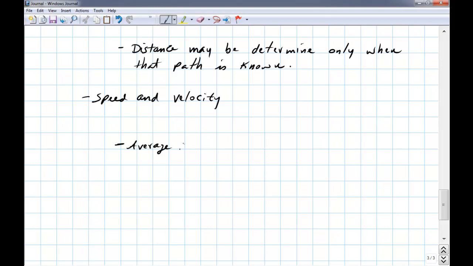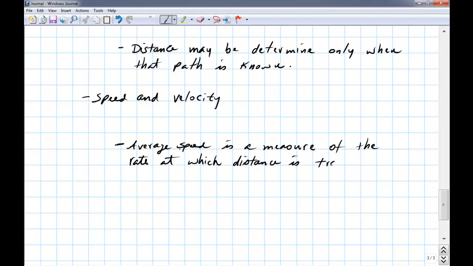Turns out that average speed is a measure of the rate at which distance is traveled with respect to time.